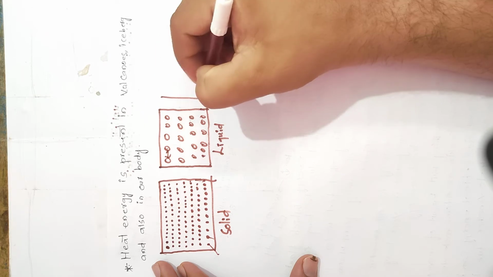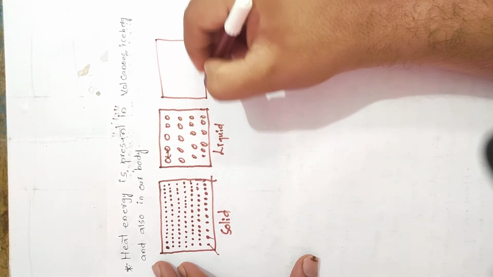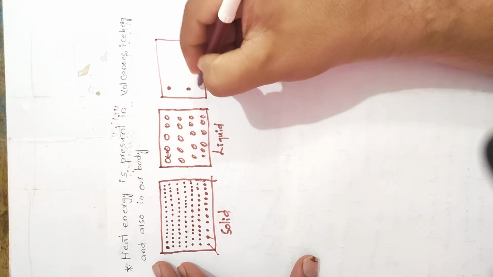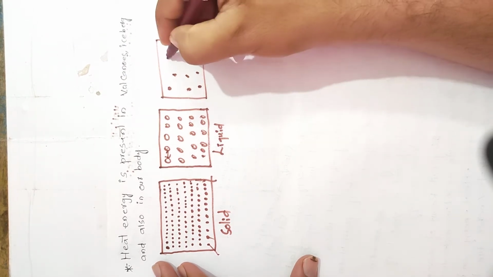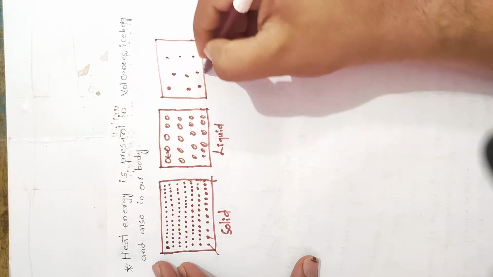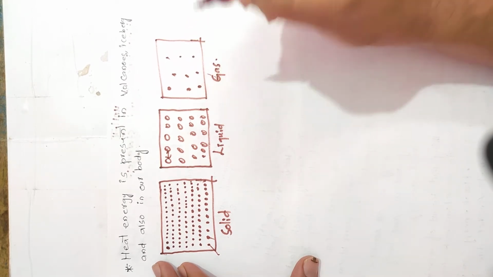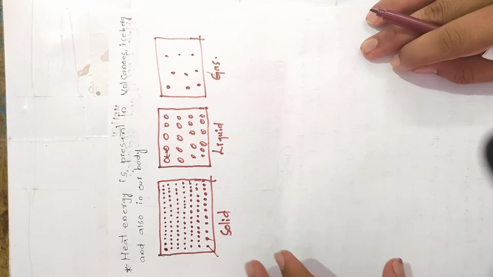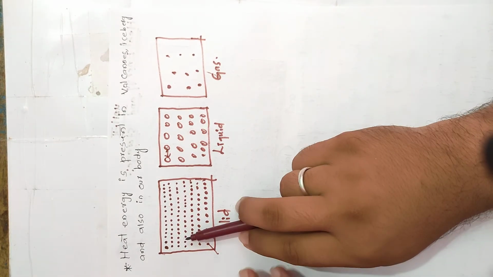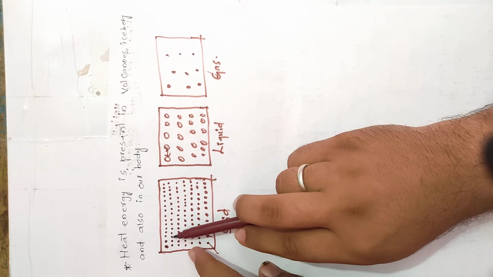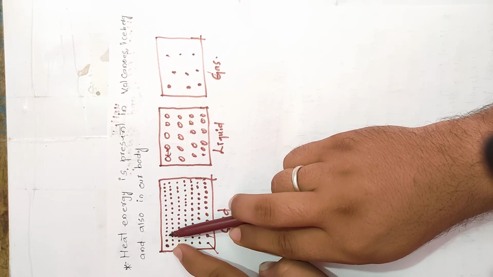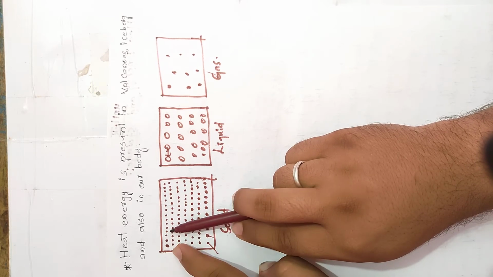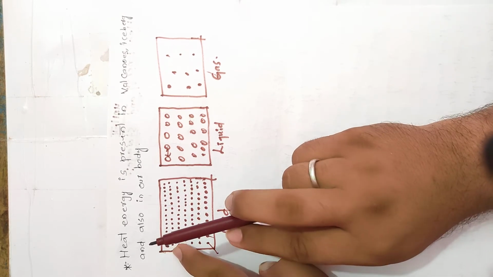What about this gas? The gas has neither any shape nor any volume, and the force of attraction between the molecules, how is it? It should be very less, or sometimes it should be negligible also. The particles in a solid are tightly packed and can only vibrate, or can highly vibrate.